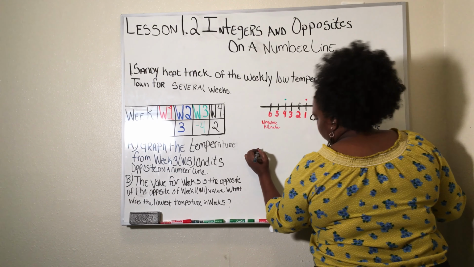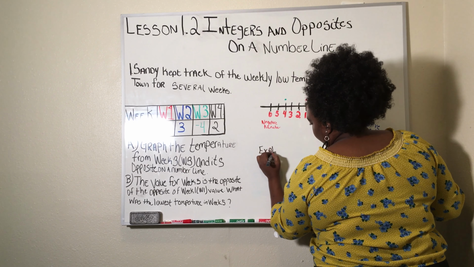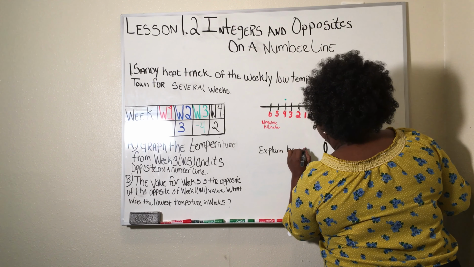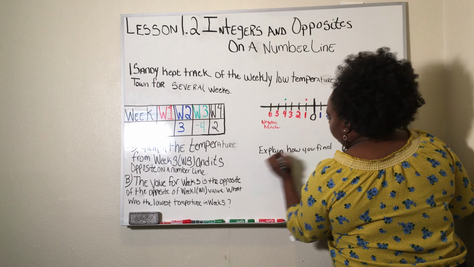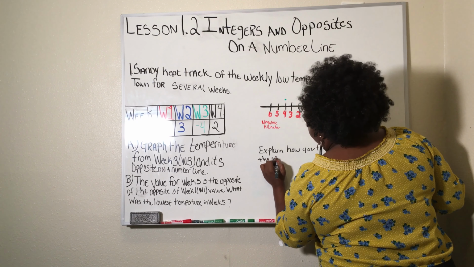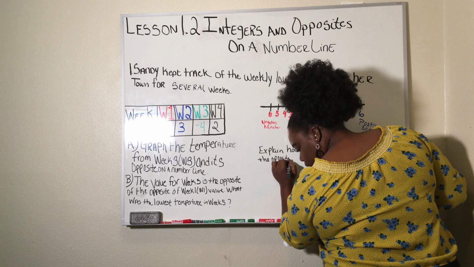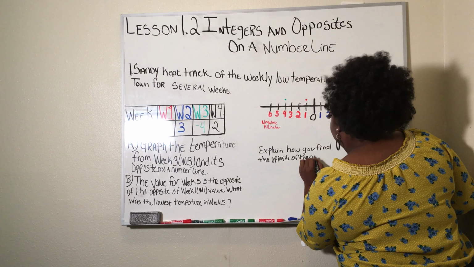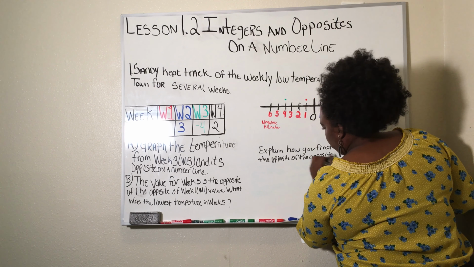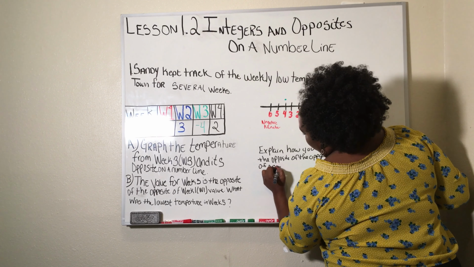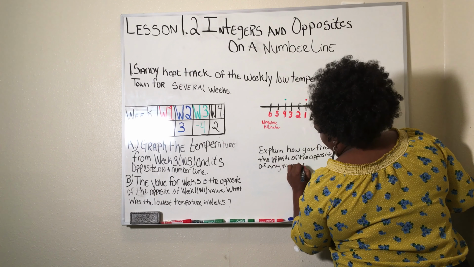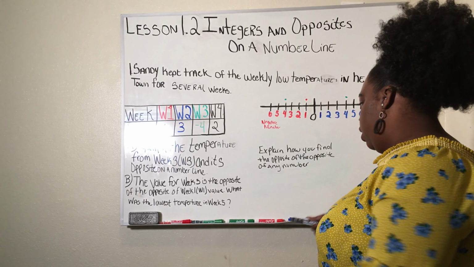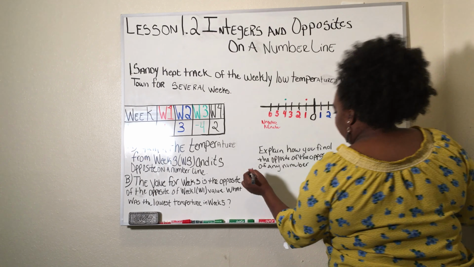Our reflection says, explain how you find the opposite of the opposite of any number. And that's basically what we said.